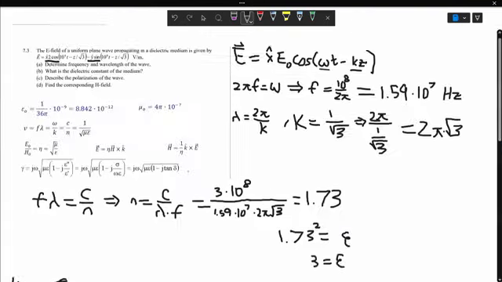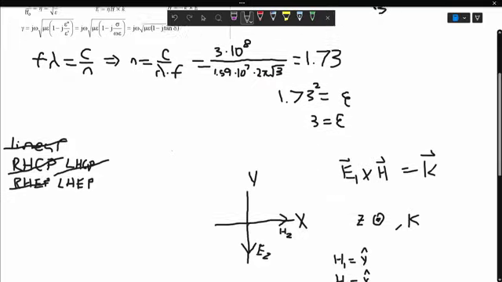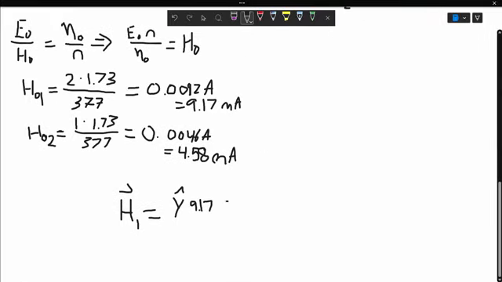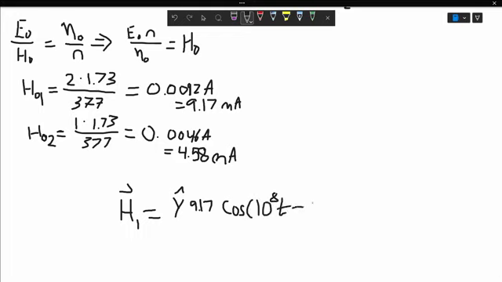And then it should be the same cosine term as in the original problem. So it's cosine of 10 to the 8 t minus z over square root of 3. I do not want to confuse my fraction with that subtraction sign, so it's square root of 3. And make sure that the units have changed, so it is milliamps per meter.